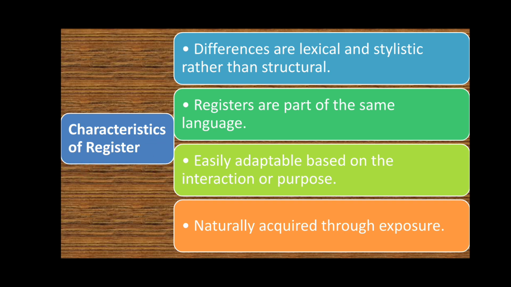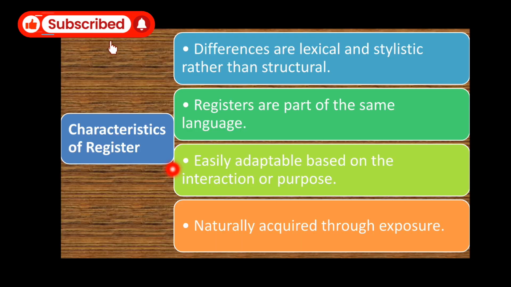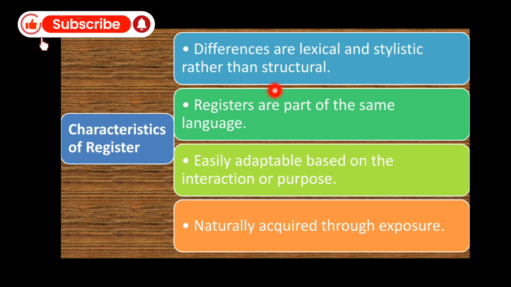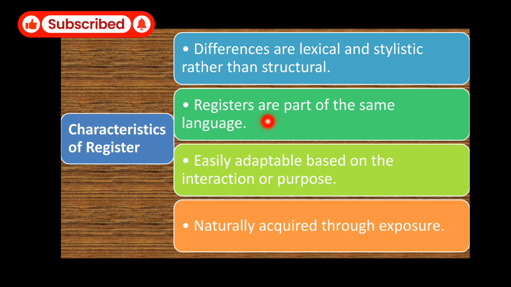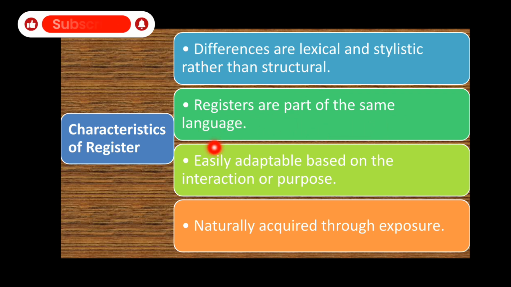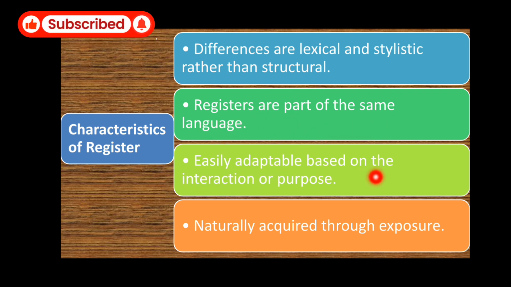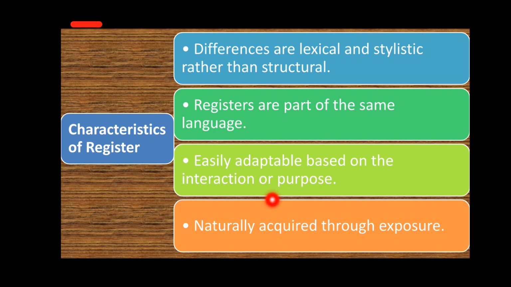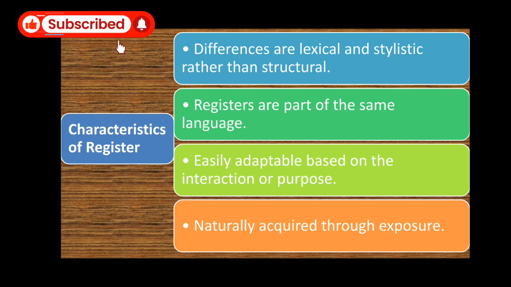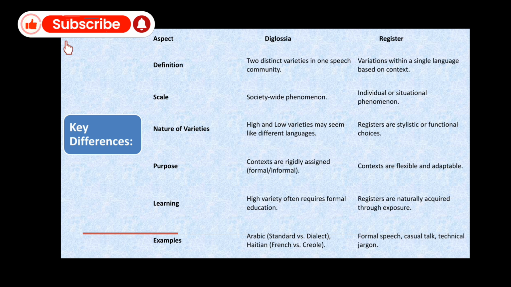Characteristics of register: differences are lexical and stylistic rather than structural, and registers are part of the same language and easily adaptable based on the interaction and purpose, and naturally acquired through exposure, not at home as the first language.